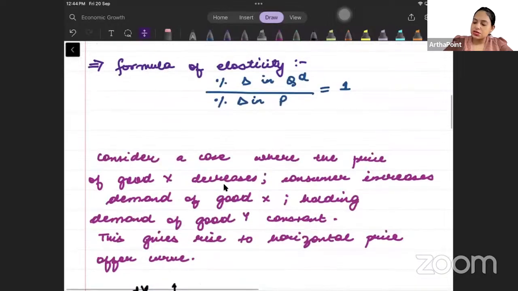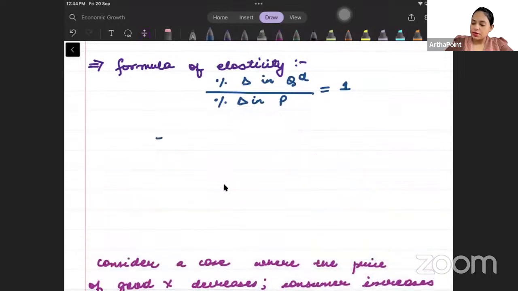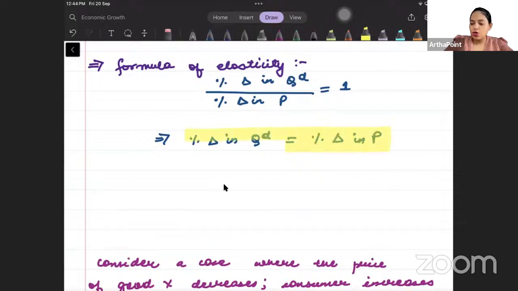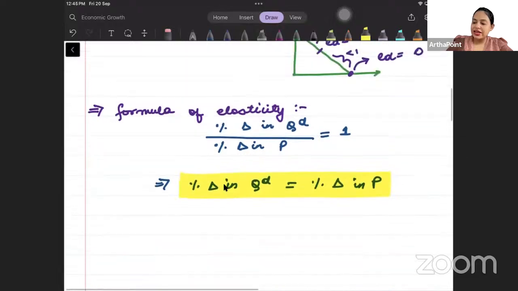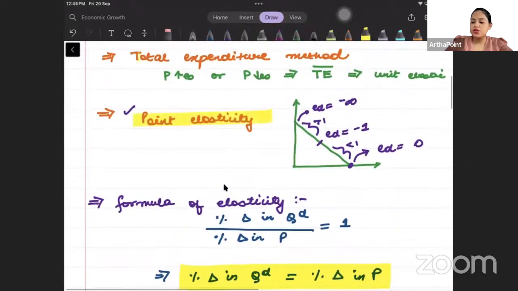And this means that percentage change in quantity demanded should come same as percentage change in price. So we can use any of these three methods to prove this thing. कोई भी एक तरीका use कर लो, use any of the three methods, it is fine.